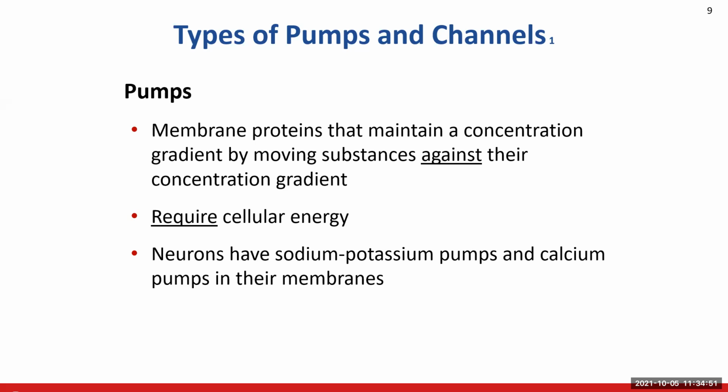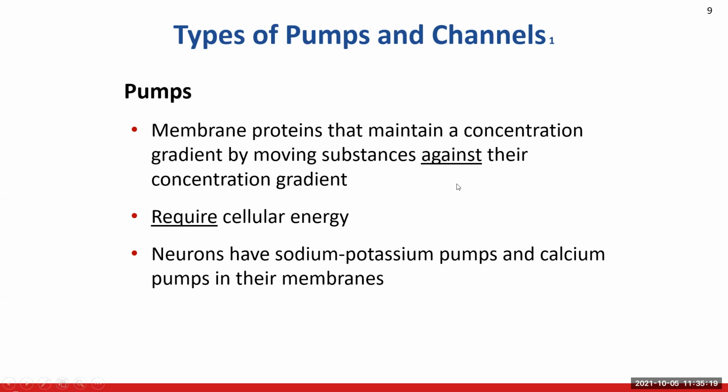Just like if you have a basement, you have a septic pump that pumps water out of your basement when it's flooding. Well, the pumps in the membranes of your neuron are going to pump certain molecules, substances, in and out of the cell. But here's a couple things that you need to know.